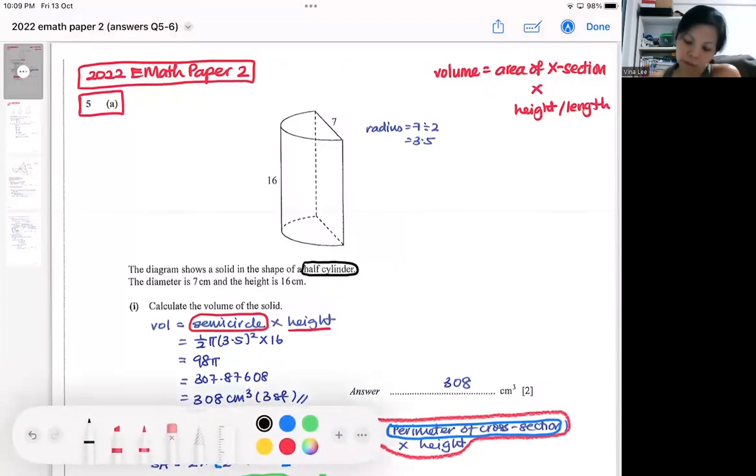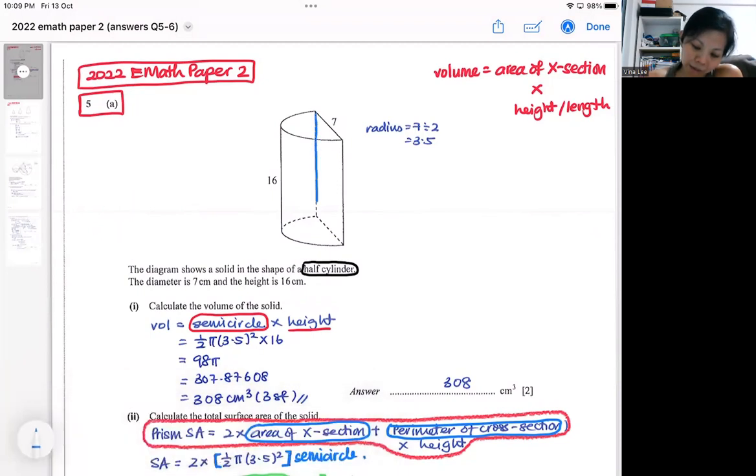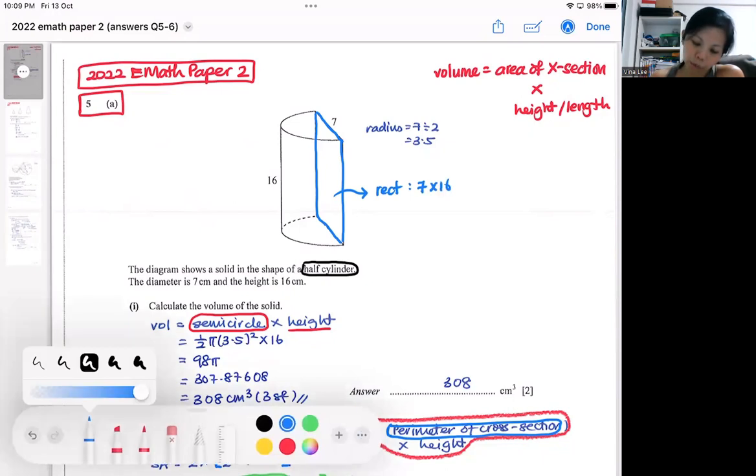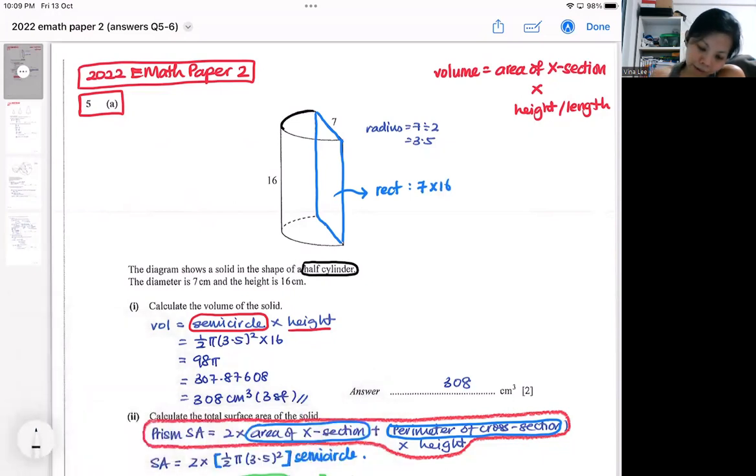If you are not doing the prism formula, then you should see this as a rectangle. You should be able to visualize this as a rectangle. The rectangle is 7 times 16. And you should also visualize this part as a big piece of rectangle as well.